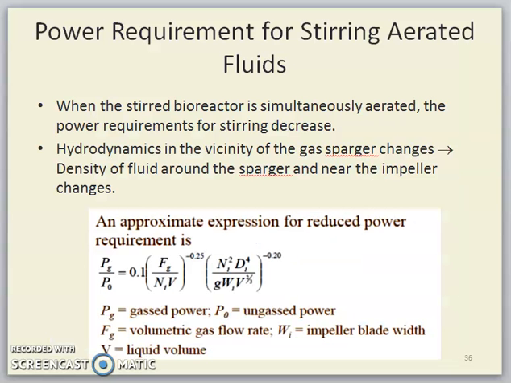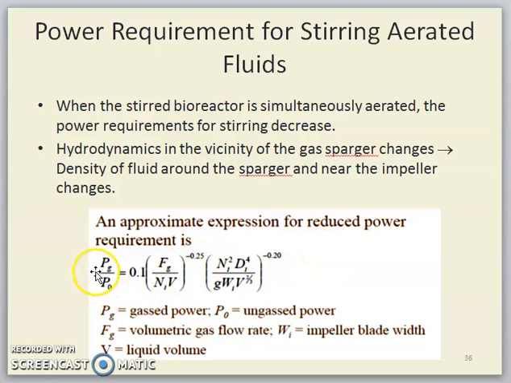Power requirement for stirring aerated fluids. When the stirred bioreactor is simultaneously aerated, the power requirement for stirring is decreased. So hydrodynamics in the vicinity of the gas sparger change, and the density of the fluid around the sparger and near the impeller will also change. The equation here is an approximate expression of reduced power requirement.